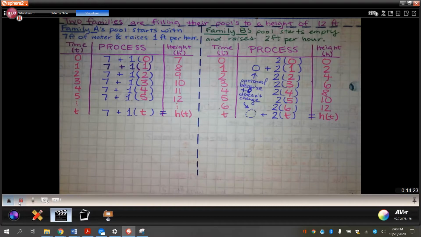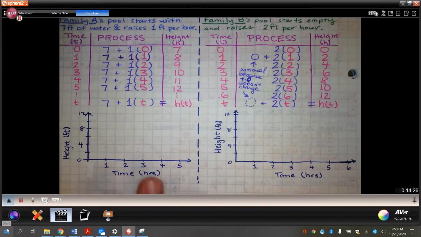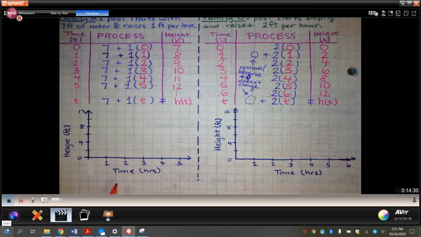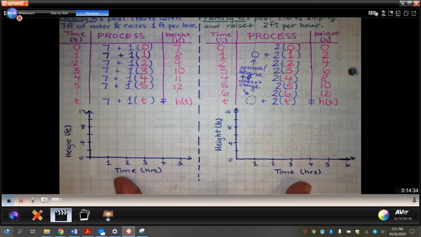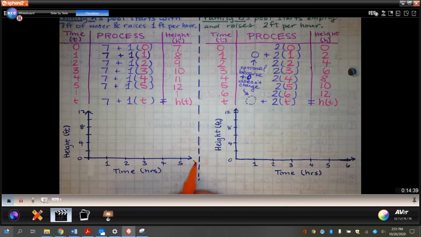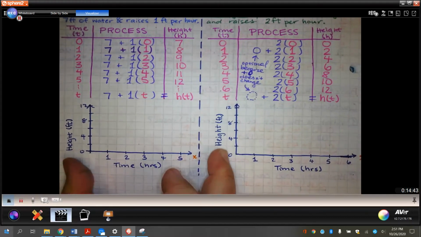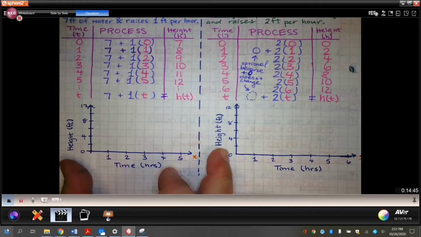All right, so here are my coordinate planes or graphs set up. Notice that I have the independent variables on the x-axis, time and in hours, because I know the units, and that's x. And then I have my dependent variables on the y-axis, which is height and feet, because I know the units on that, and this is y.